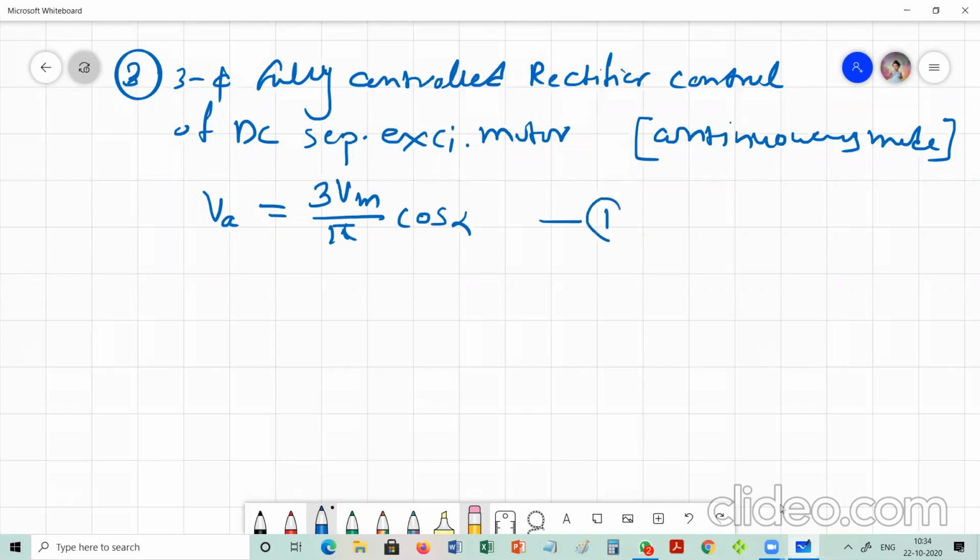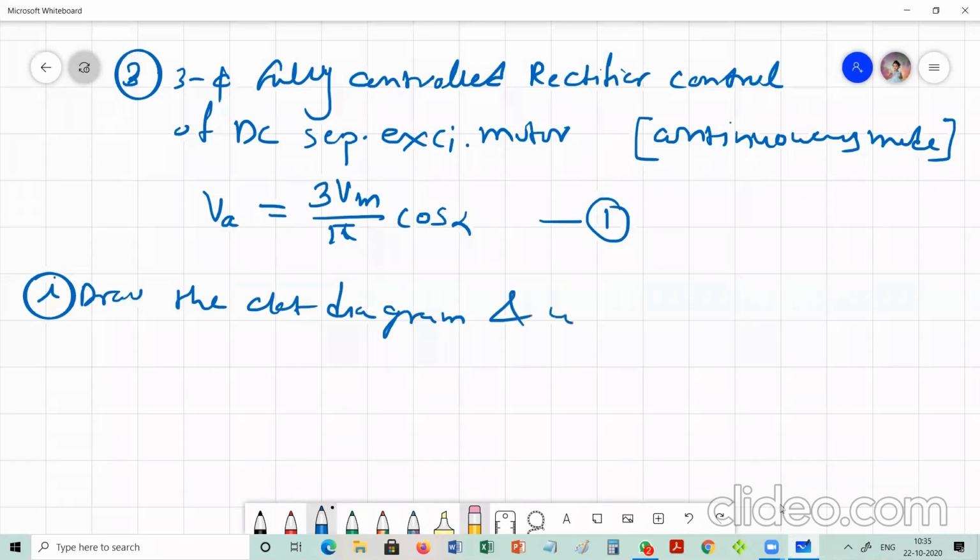You have already studied this equation in power electronics. If a question comes like this, explain the three phase fully controlled rectifier drive, then the first step is to draw the circuit diagram and waveform, maybe for alpha equal to 0 degree or alpha equal to 30 degree, any one waveform.